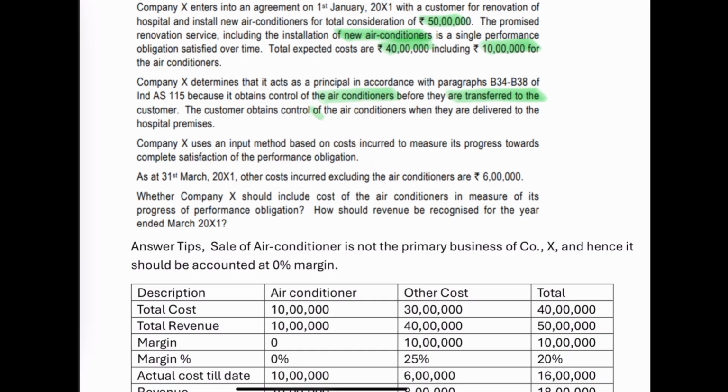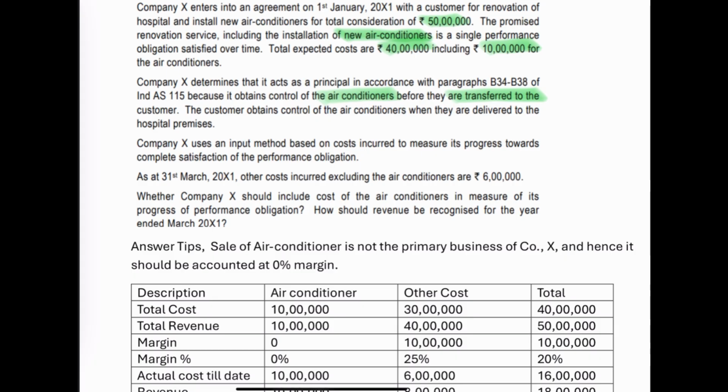The customer obtains control of the air conditioner when it is delivered to the hospital premises. Company X uses an input method based on the cost incurred to measure its progress towards complete satisfaction of the performance obligation.